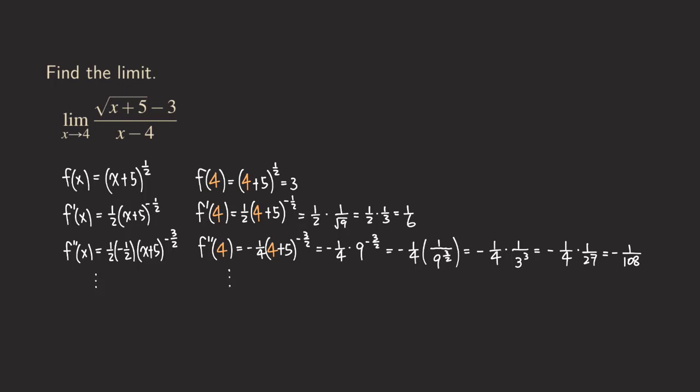Okay, so now we can actually start writing the series for this. So we have the limit as x approaches 4, and now that expression here, let's just rewrite it.